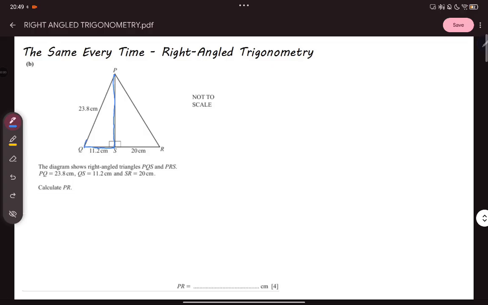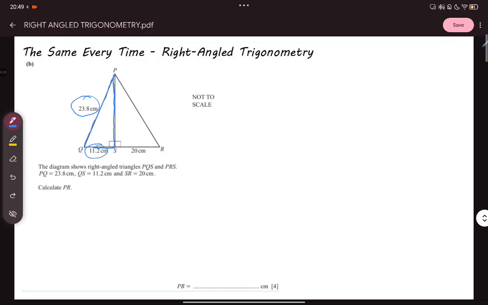So let's look at this triangle first. And, well, I can see this is going to be a Pythagoras theorem question, isn't it? So trigonometry and Pythagoras, they often turn up in the same questions. To find P to S, well, I've got two sides of my right-angled triangle, 23.8 and 11.2.